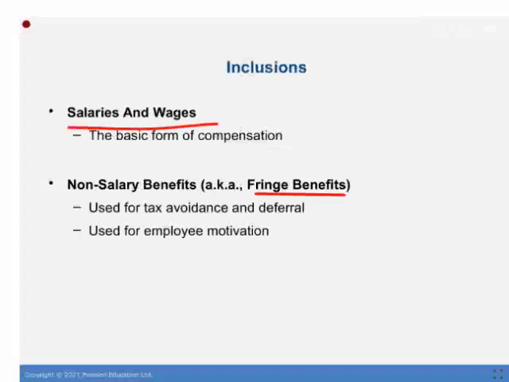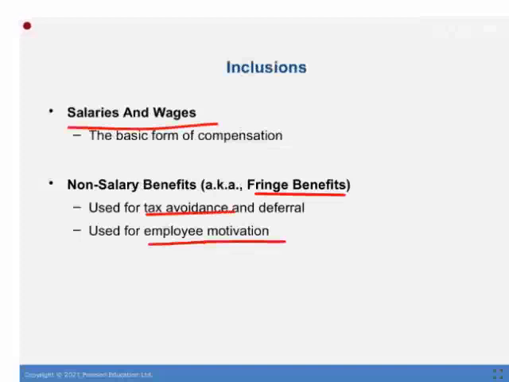But then we have our fringe benefits, the non-salary stuff. What we want to watch out for with this is that these benefits aren't being given by an employer in order to avoid tax. Often they're used for employee motivation.